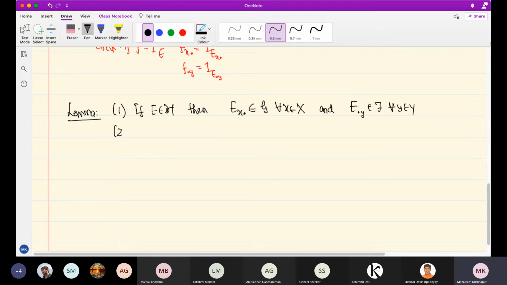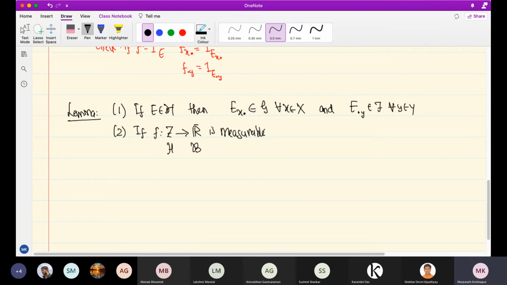The corresponding statement for functions: if f is measurable, let's take the Borel sigma algebra here, and H of course.